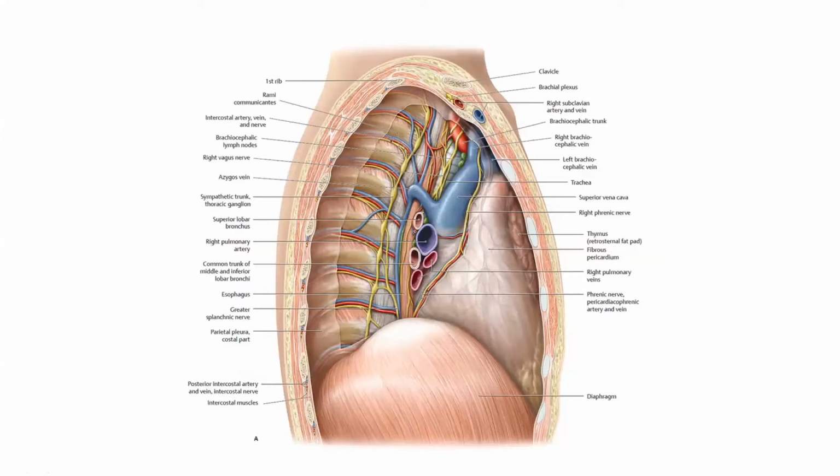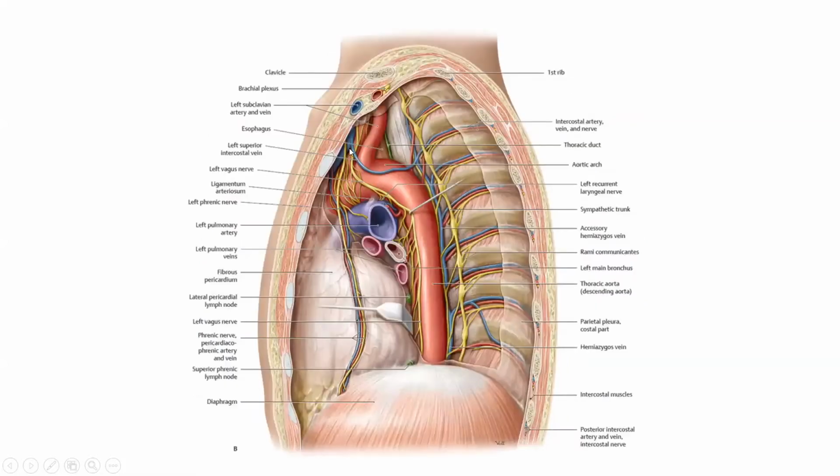Here you can see the view from the right side of the phrenic nerve that it's passing. Here you can see the right part of the brachiocephalic vein and superior vena cava, and it's going to the right margin of the heart, together with the pericardiacophrenic arteries and vein, and they are going to the diaphragm here.